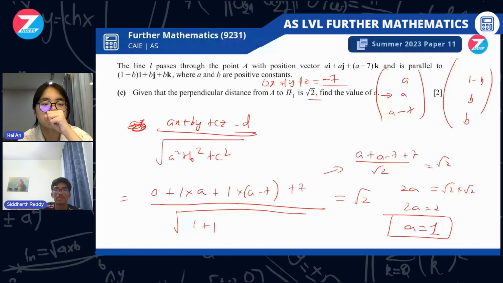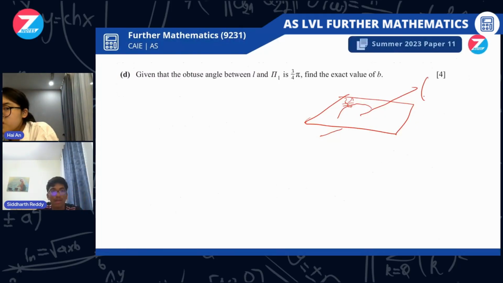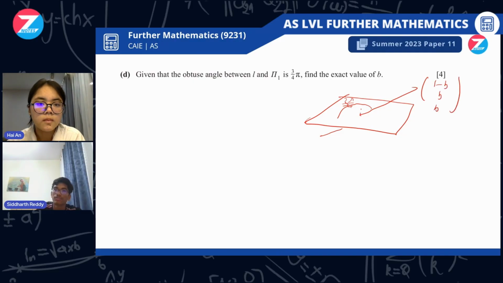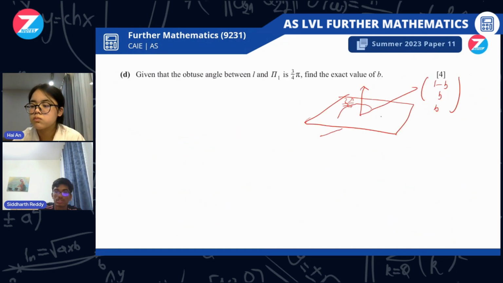L is parallel to (1, 0, minus b), so that's the direction vector of L. And let's also find the normal vector of this plane. Since pi 1 is y plus z is equal to minus 7, its normal vector will be (0, 1, 1).